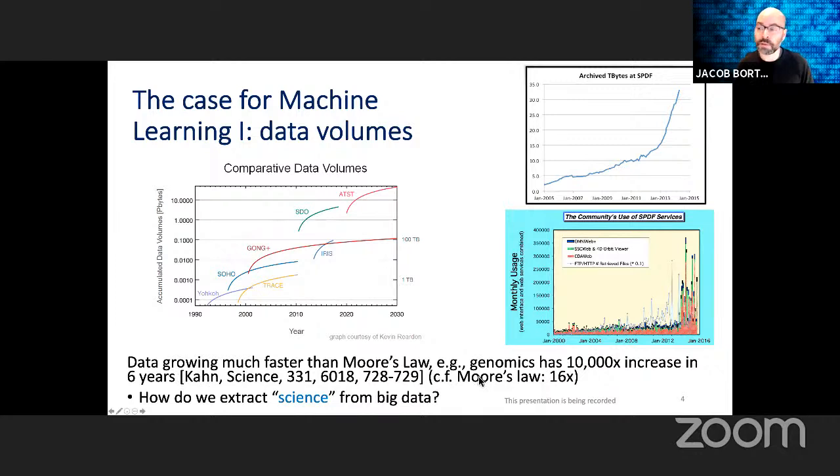Now, if you compare it to Moore's law, that's a doubling roughly every 18 months. That gives you a factor of 16 increase. That's the kind of increase that we're used to seeing, a Moore's law type of increase. But the amount of data that we have is far exceeding that of Moore's law. And so the question is, how do we extract the science from all this data?